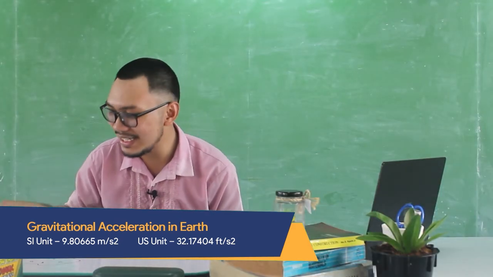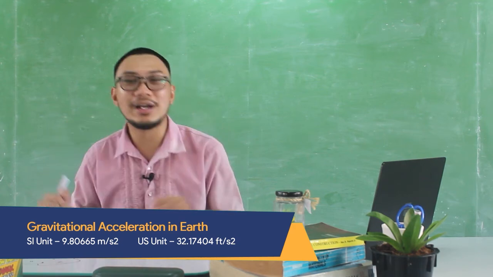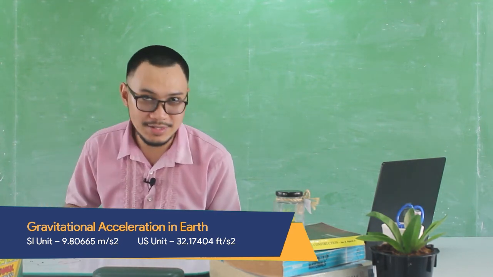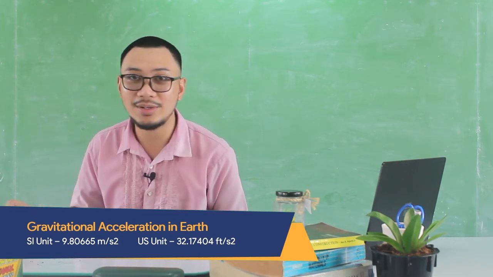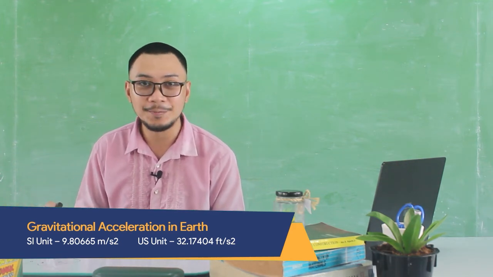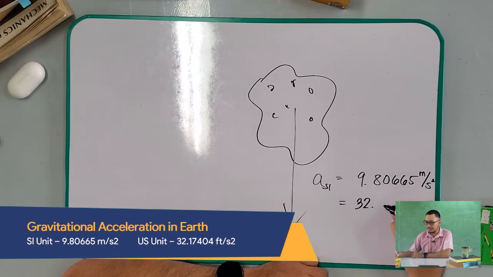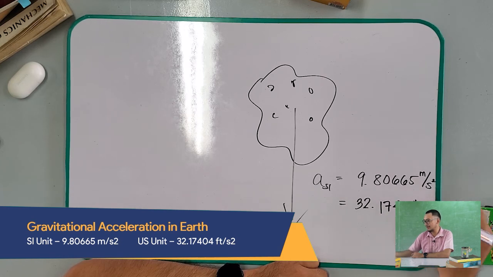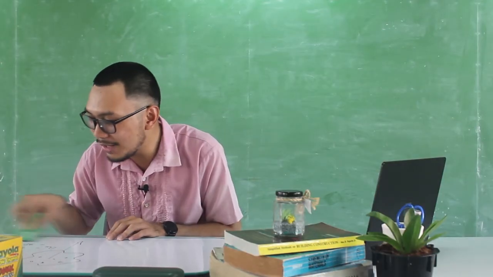So this is the acceleration due to gravity that we will always use in statics, when we are talking about Earth. This acceleration is only applicable to the gravity of Earth. And for English units, we have 32.17404 feet per second squared. These are the values we will always use when we assume our acceleration.